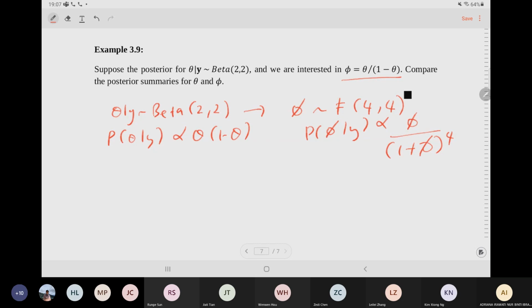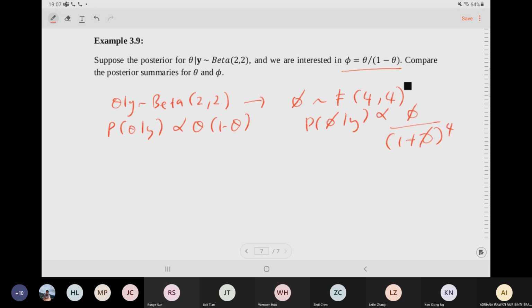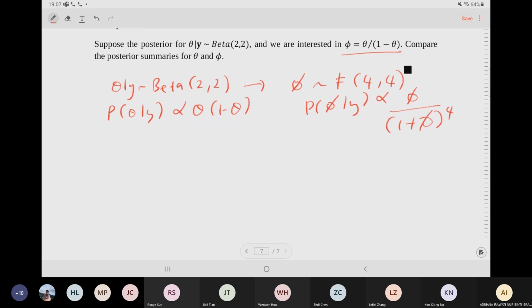Now we have to compare the posterior summaries for theta and phi. For the beta, the mean is alpha over alpha plus beta, so it's 2 over 2 plus 2, which is 0.5.